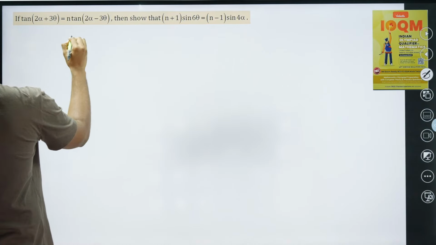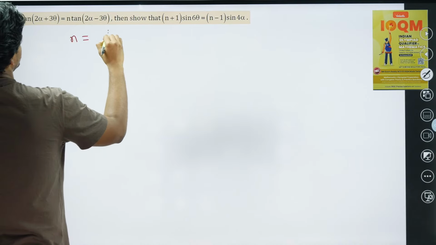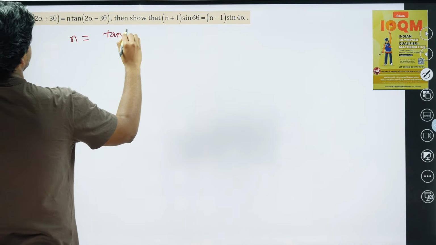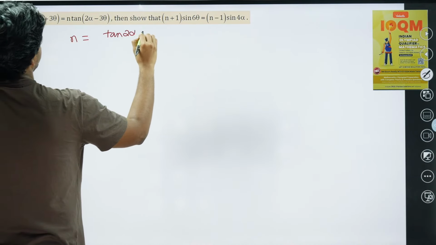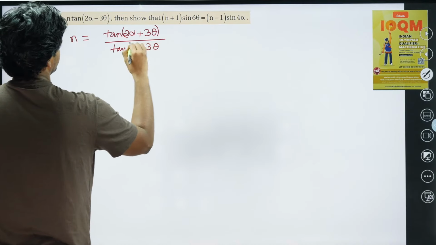So we have n is equal to tan 2 alpha plus 3 theta by tan 2 alpha minus 3 theta.